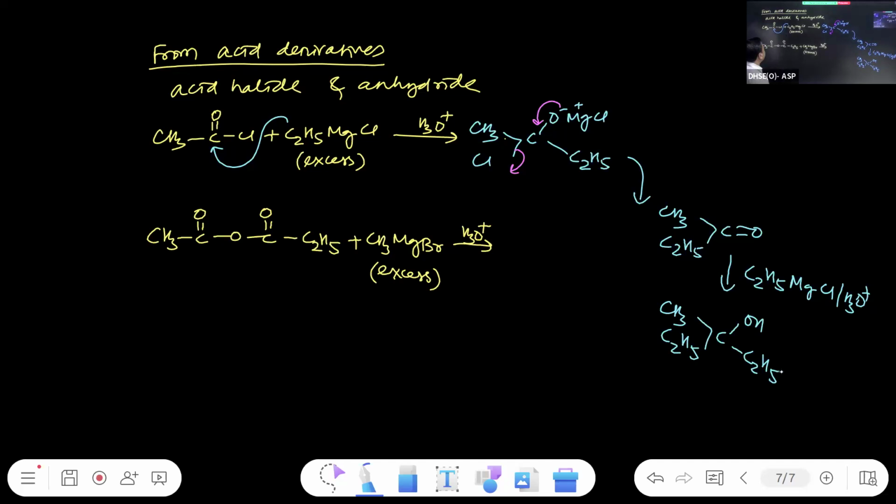Understood? In the first step, one molecule of Grignard reagent attacks, followed by the release of the leaving group, that is halide ion or chloride ion. Then the product is ketone. So the ketone is further attacked by the Grignard reagent to form tertiary alcohol. So note down this, then we will go to the next question.